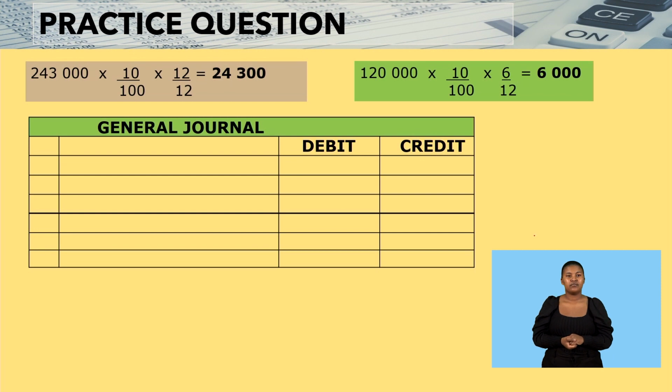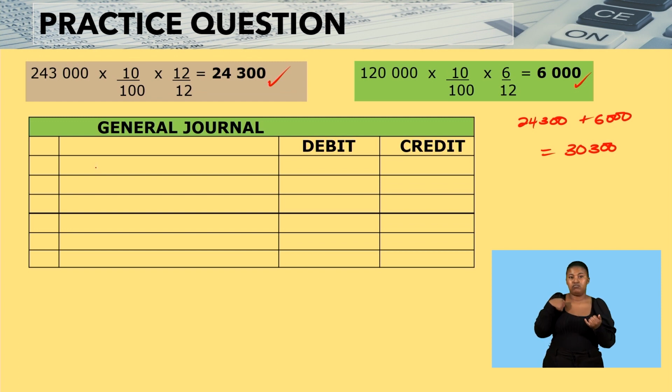When you have calculated your depreciation, it becomes easy to record it in your general journal. The quickest way, let's add these two amounts. That is my 24,300 plus 6,000, which gives me 30,300. I'll say the account debited is depreciation.